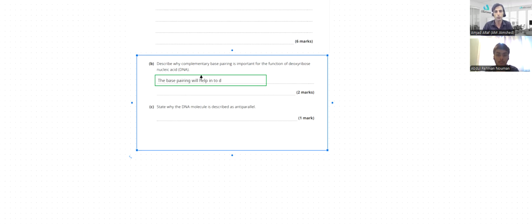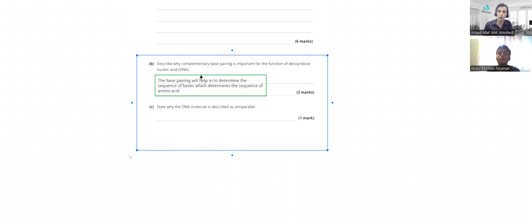The base pairing will help to determine the sequence of bases. You should write both of these points separately because it's a 2 mark question.